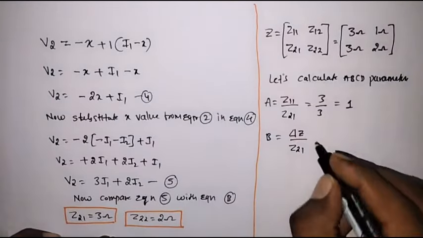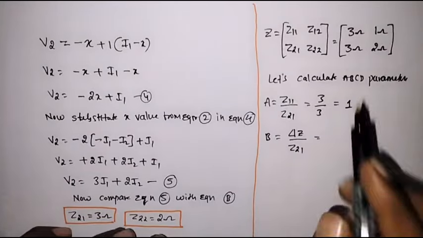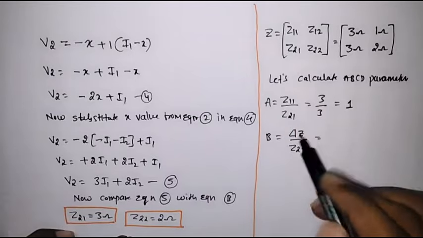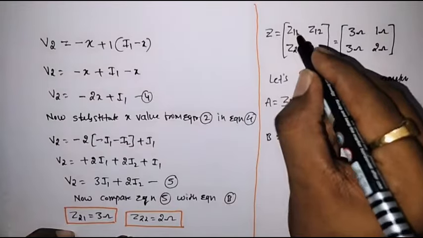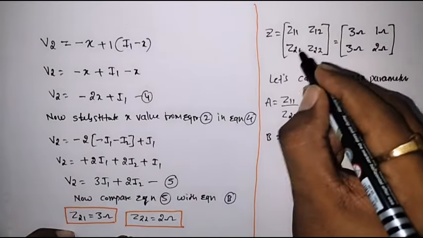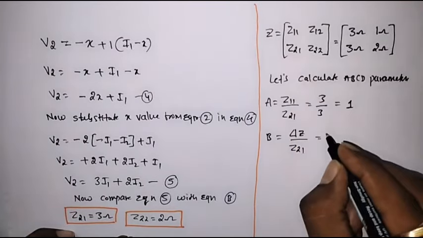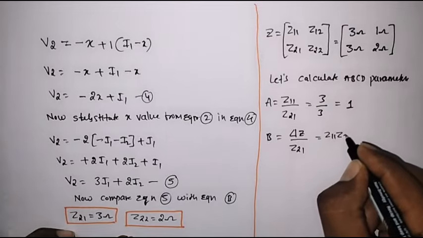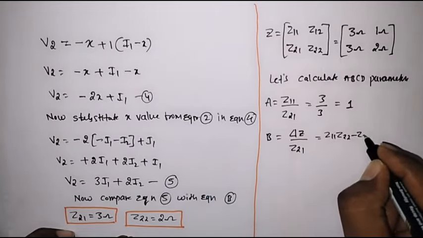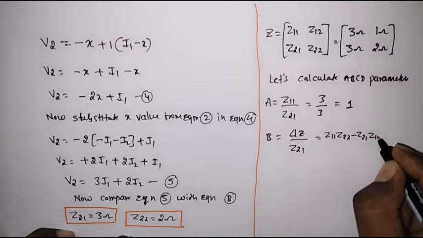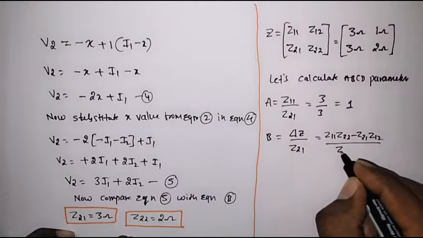Delta Z is nothing but the determinant of the Z parameter, that is Z11 Z22 minus Z21 Z12, divided by Z21.